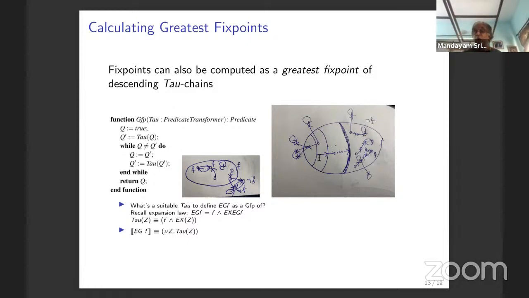So when you reach the fixed point, those are the only set of states that are left.